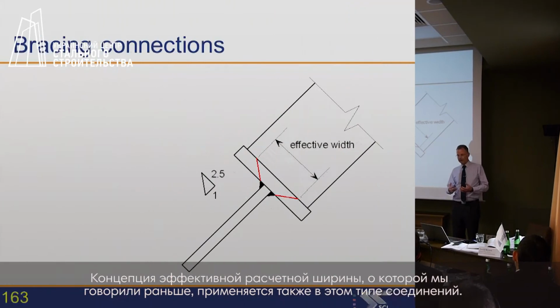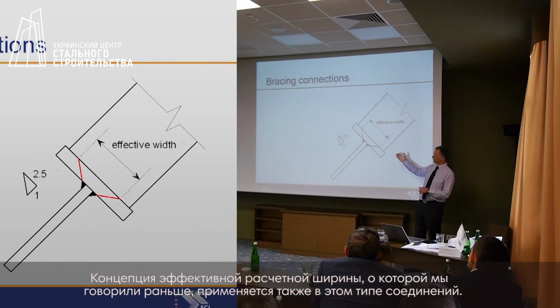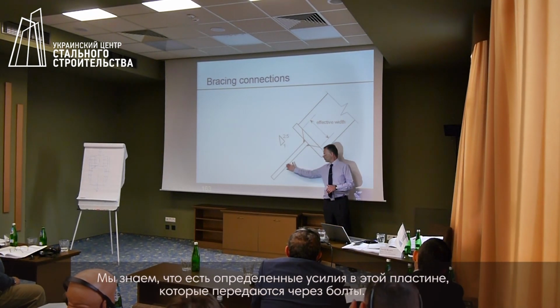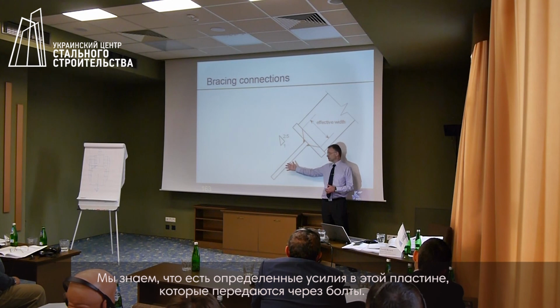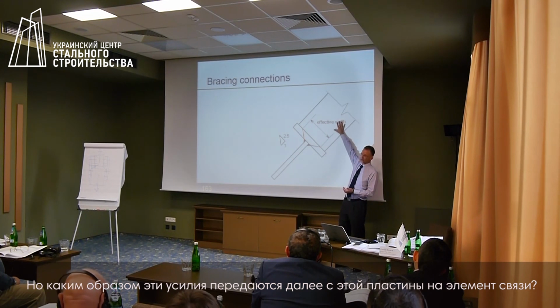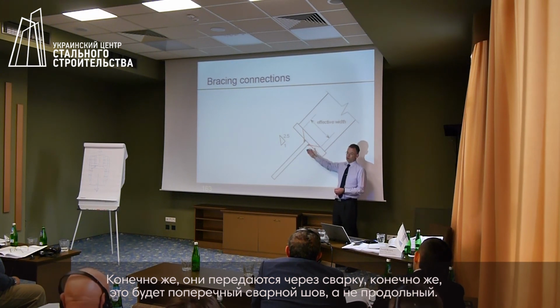So this concept then of effective breadth that we saw earlier on applies to these sorts of details. We know that the force is in this plate, it's been transferred to this plate via the bolts. How does it get from this plate into the bracing member? Well, it goes through the welds, of course, and those would be transverse welds, not longitudinal welds.